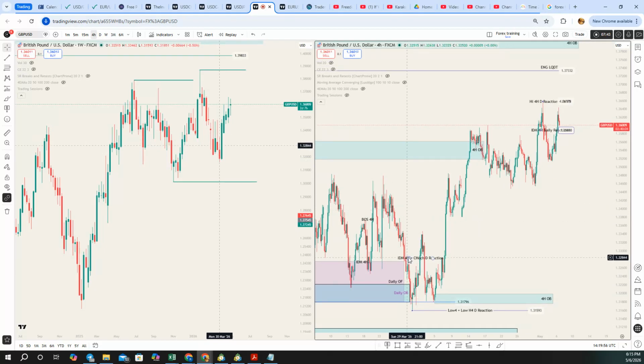Okay, and when we have a reaction, hitting the inducement becomes a change of character. Therefore, this low is not only a low of the main structure of the 4 hour time frame, but also it is the low of the reaction as well.